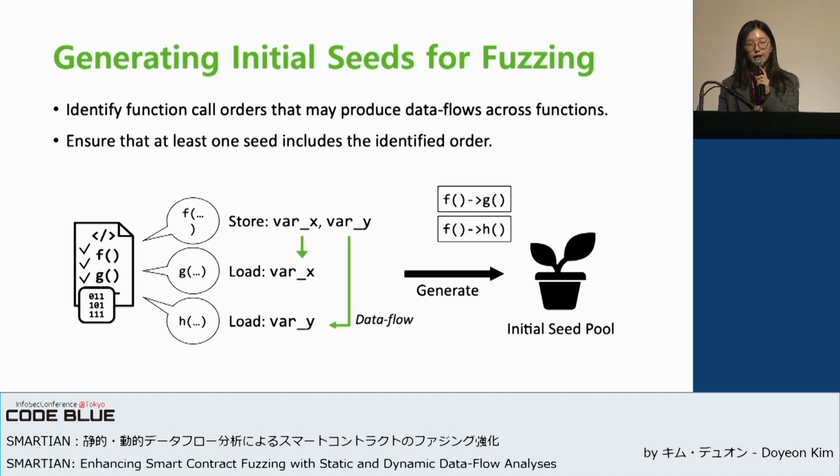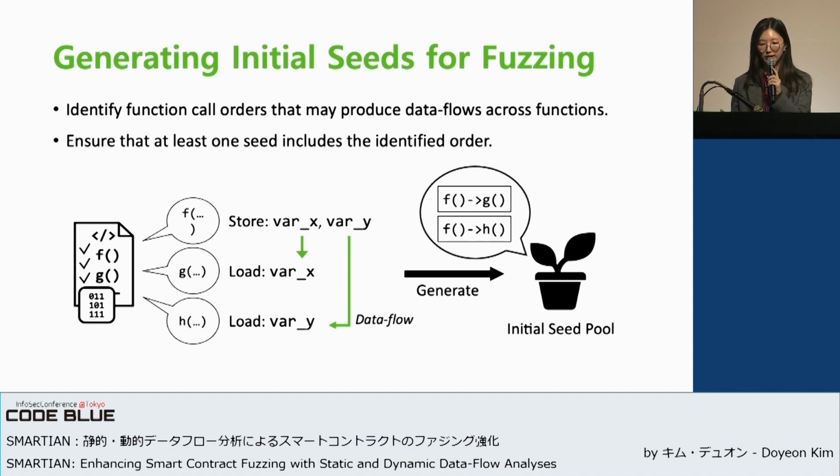So first, we identify the function call orders that may produce data flows across the functions. Then for each of the identified orders, we ensure that there is at least one seed that includes this order in the sequence. Yeah, so this is the high-level explanation for seed initialization.